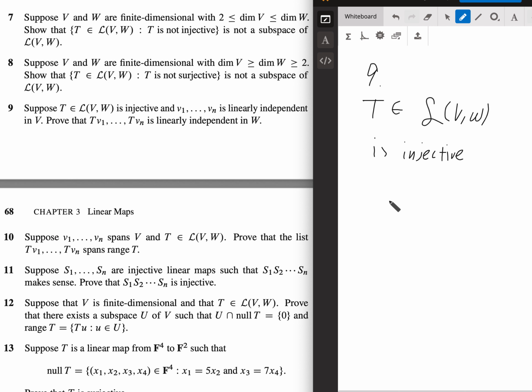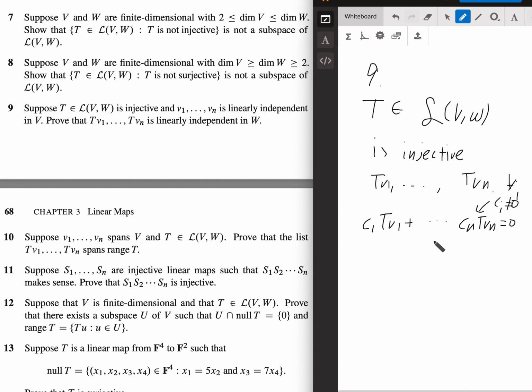Before we even do all that, suppose a linear combination exists such that these things add up to 0, and the non-trivial linear combination exists.